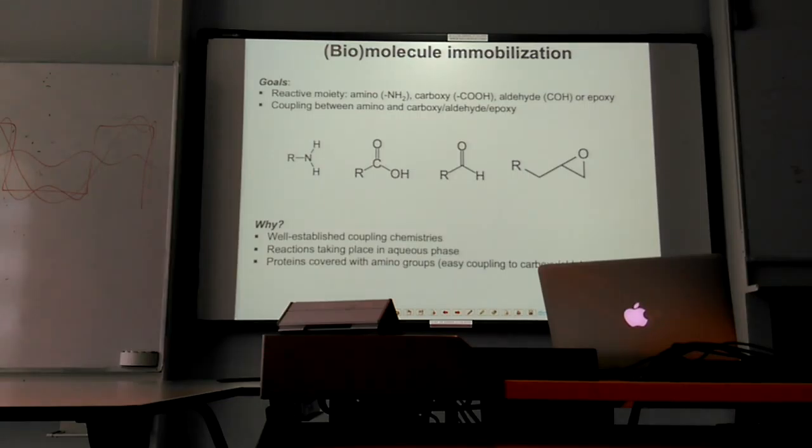For instance, proteins are covered with amino groups. If you take advantage of the amino groups, and on your surface you have either carboxy groups, aldehyde, or epoxy, then you can easily immobilize your protein on the surface. Is that clear?